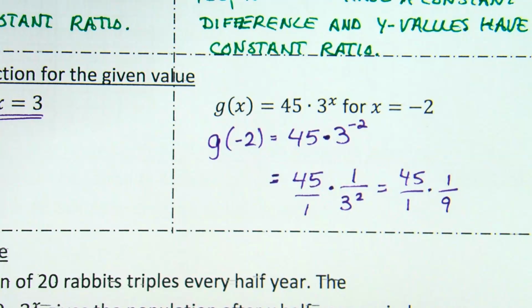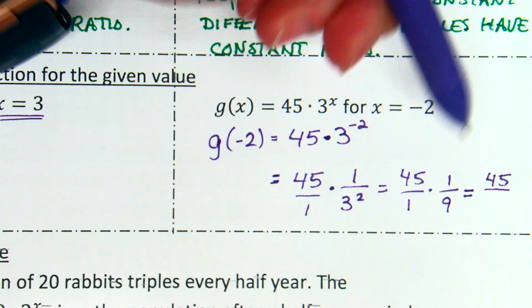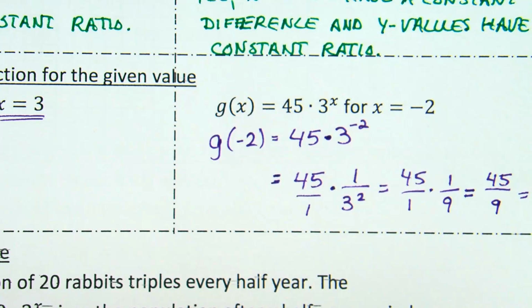Well, 45 times 1. I don't know. Well, keep going with that. I like that. 45 times 1 is 45. 1 times 9 is 9. One more step. 45 over 9. 45 divided by 9 is?